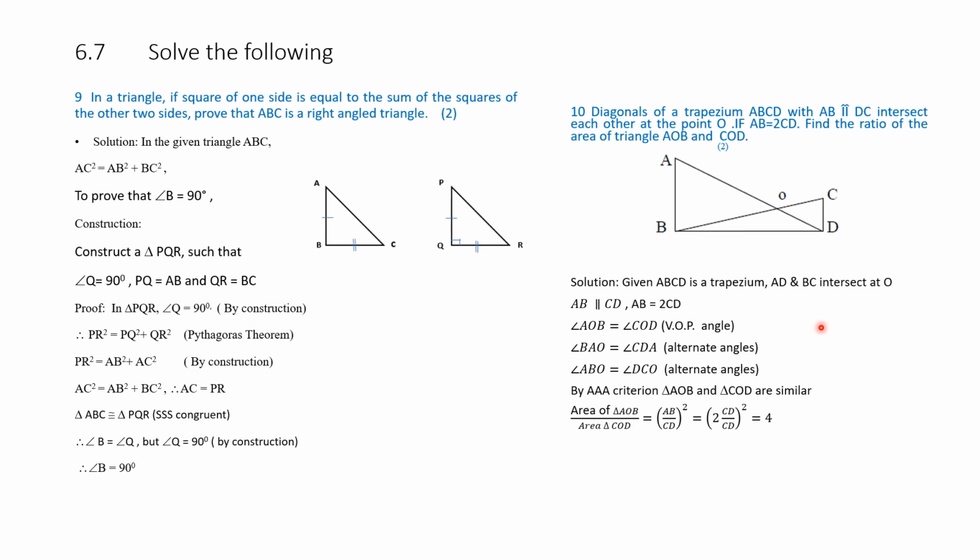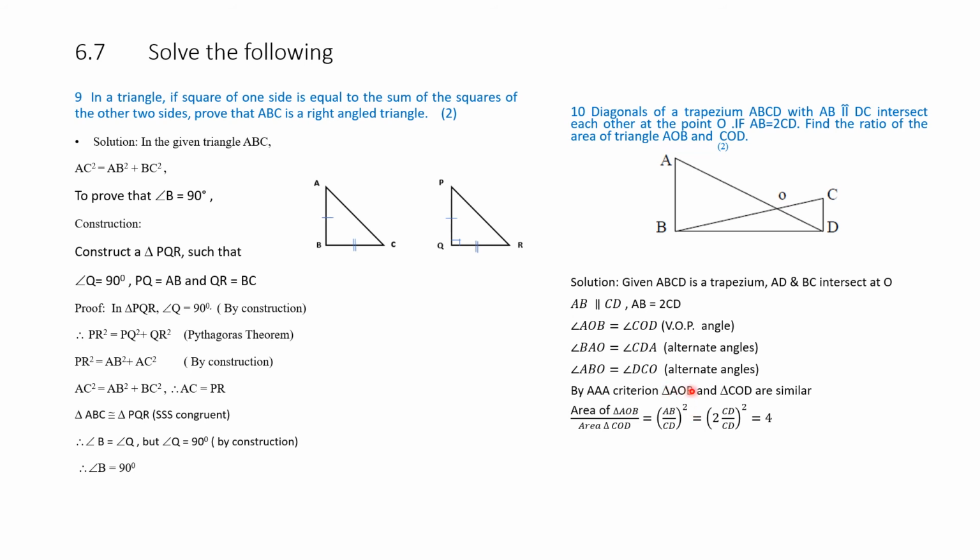Therefore, area of triangle AOB divided by area of triangle COD is equal to AB by CD whole square. We know that because we have proved the two triangles are similar, by theorem the ratio of their areas is equal to the square of the corresponding sides.